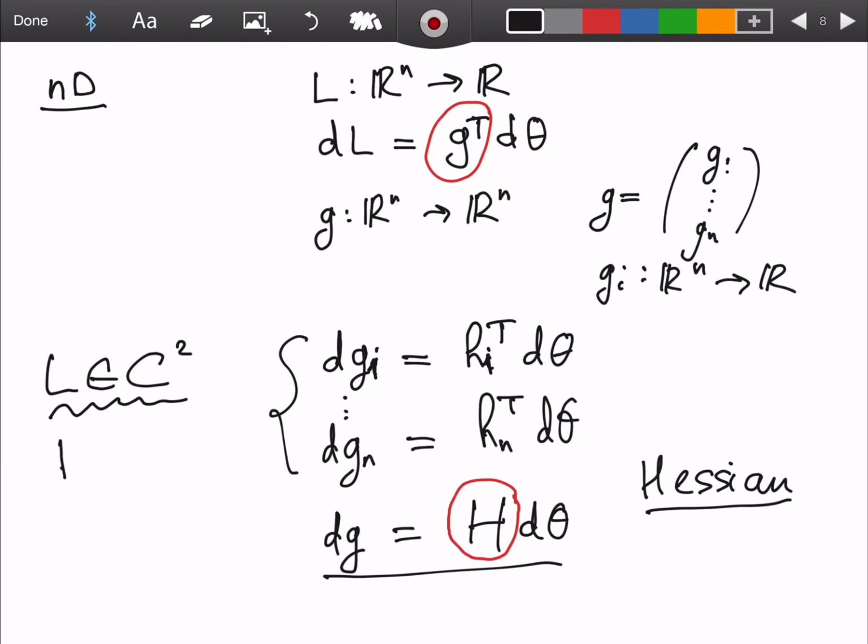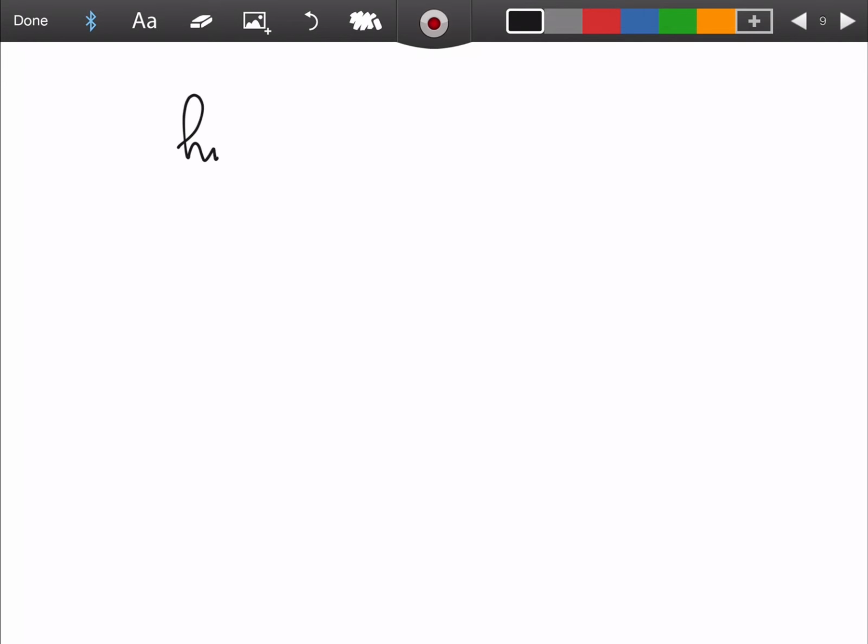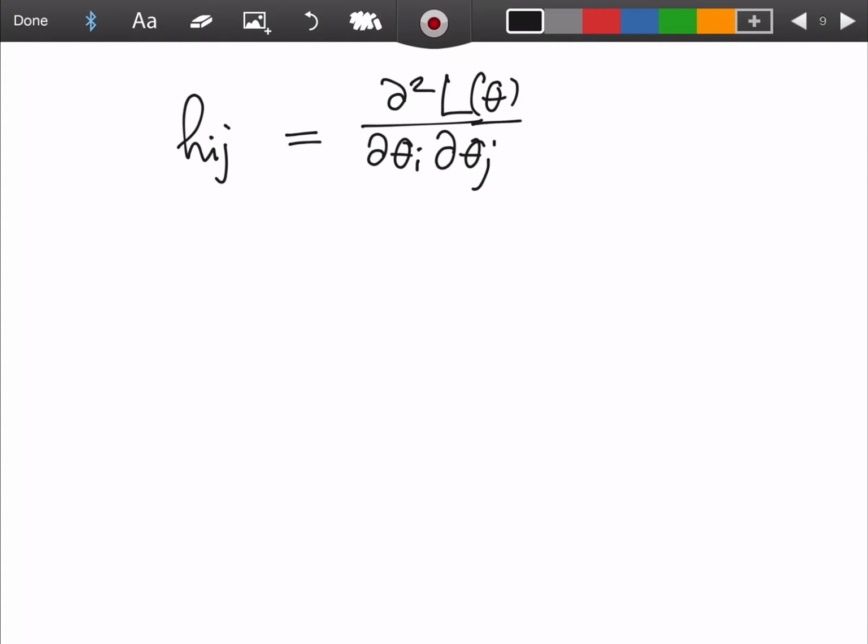A particularly nice property for these functions that are continuously differentiable to the second order is that the Hessian is a symmetric matrix. Again, if we write it in coordinates, Hij is the second order partial derivative of L at point theta with respect to theta i, theta j. And we know that if the function is twice continuously differentiable, then you can change the order of differentiation.